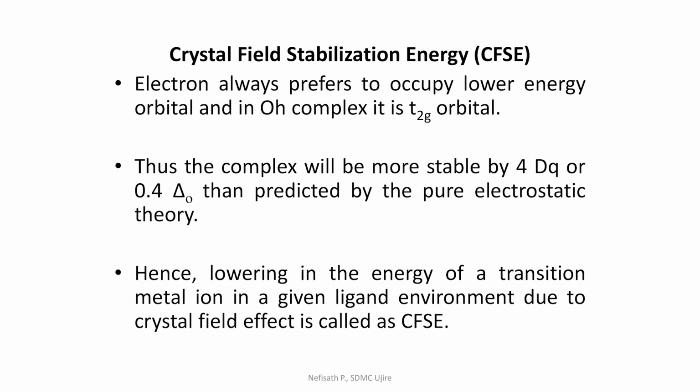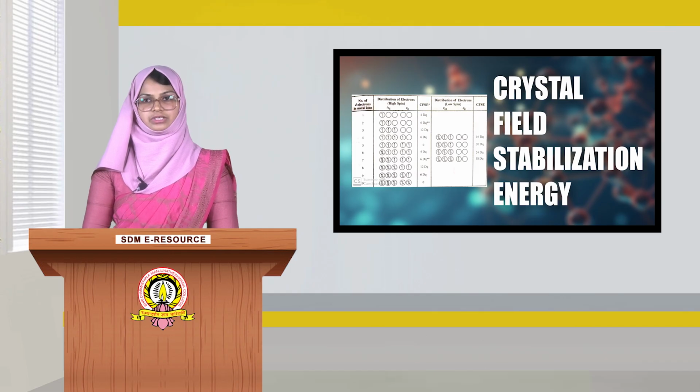When the metal ion finds a lowering in energy in the given set of ligand orbitals due to the crystal field effect, we define that as crystal field stabilization energy. To define it fully, it is a lowering in the energy of the transition metal ion in a given ligand environment due to the crystal field effect.